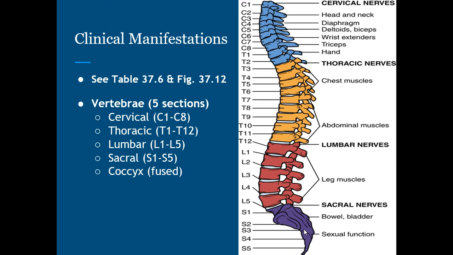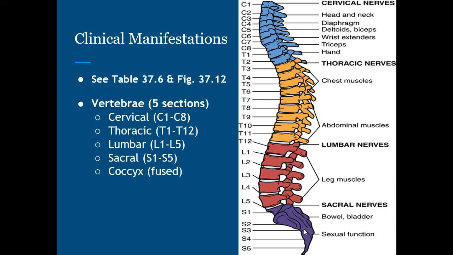So another table to look at is 37.6 on page 832. It's a great resource for you to review and study because it lists all of the injury levels I just reviewed with you and resultant functional loss. So really the most important thing to remember is that the cervical injuries above C4 can result in that inability to breathe, and of course quadriplegia.